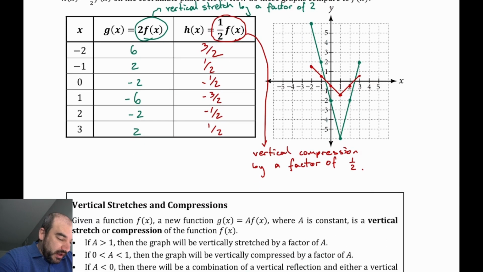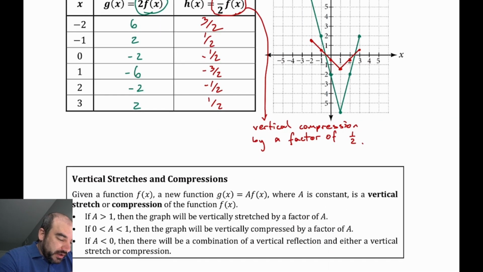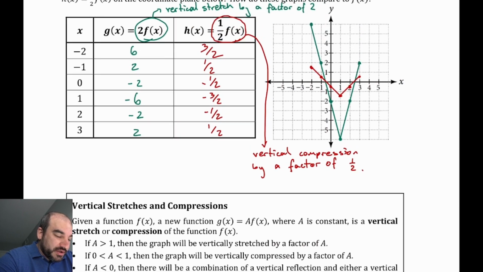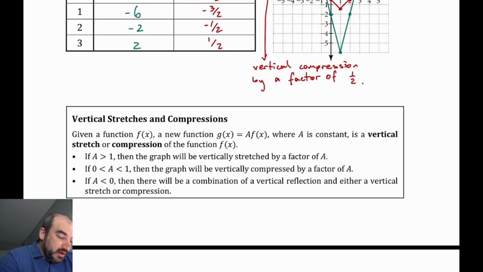We're going to get an actual theorem here for when it's a vertical stretch versus when it's a compression. This looks exactly like the functions that we just worked with, right? So vertical stretch or compression must have to do with just this a value that's being multiplied by the f of x. If a is a constant, then it's either a vertical stretch or compression. In general, if we multiply the y, it's going to be a vertical stretch or compression.